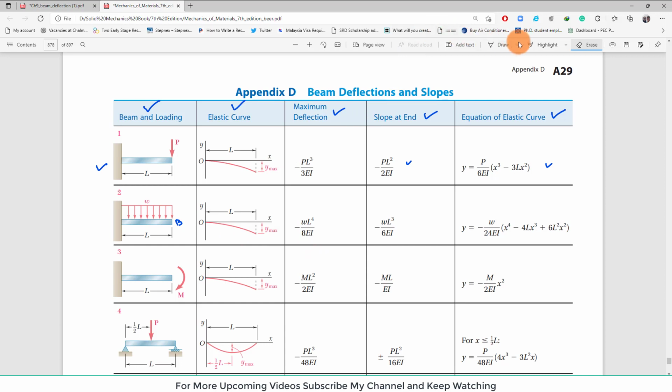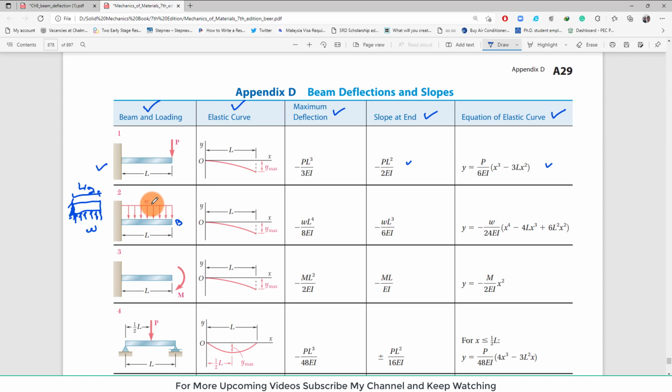Now you can see, if I draw my beam, the beam was like that, the loading is now upward, and this is the fixed support, clear. So this is W, and this length is L by 2, clear.